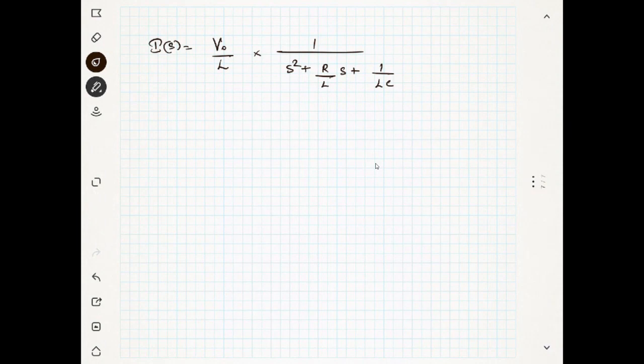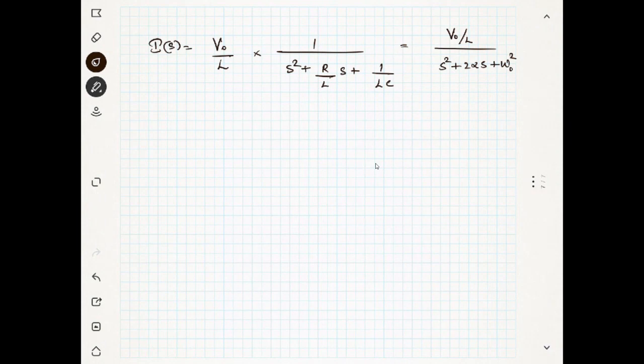Those who have studied automatic control will have this idea. I am going to write this in another form: V0 by L into 1 over S square plus 2 into alpha into S plus omega naught square.